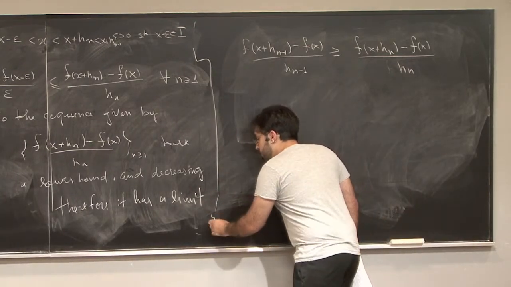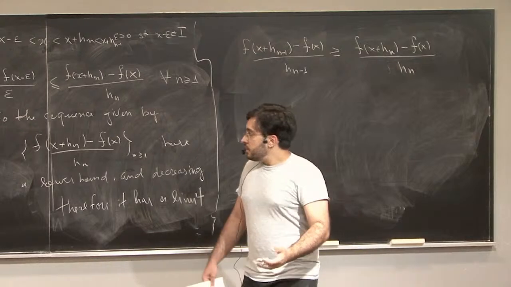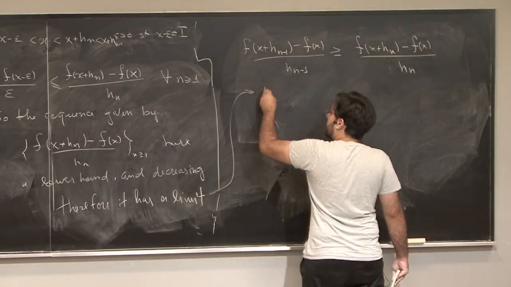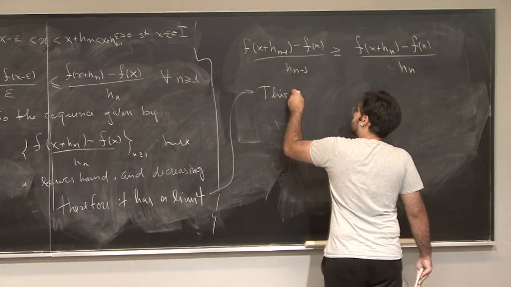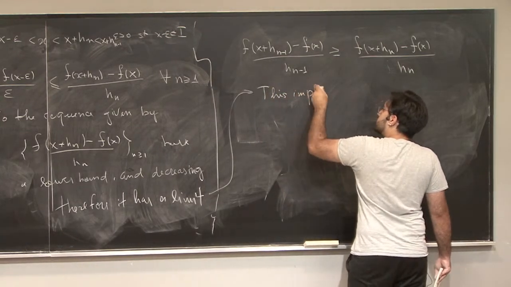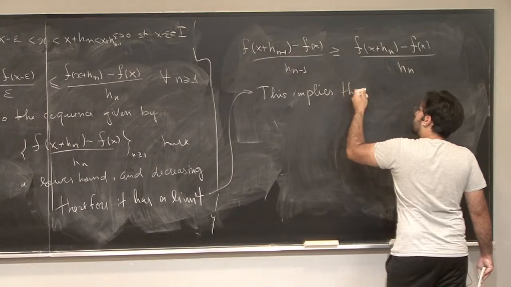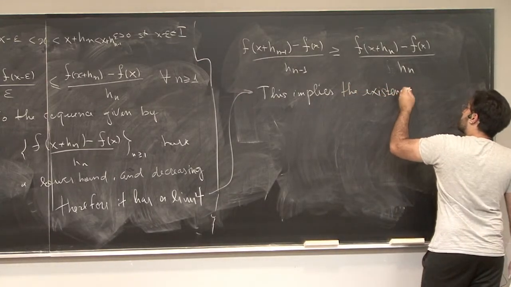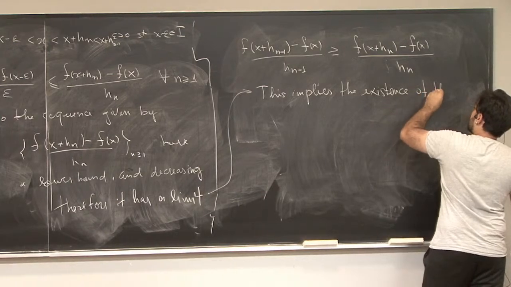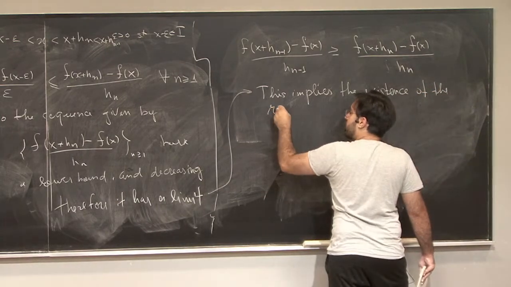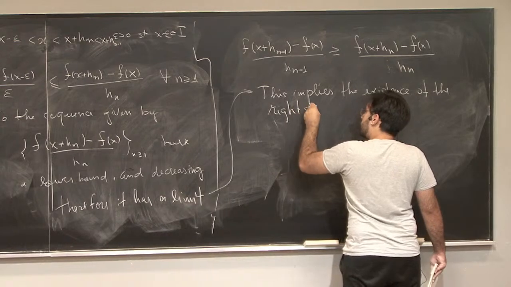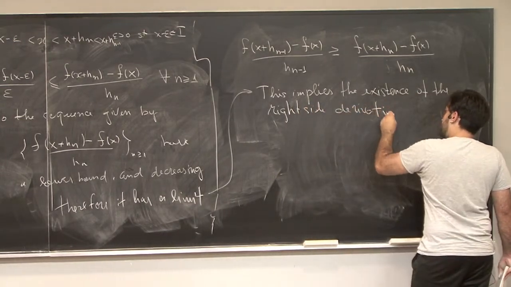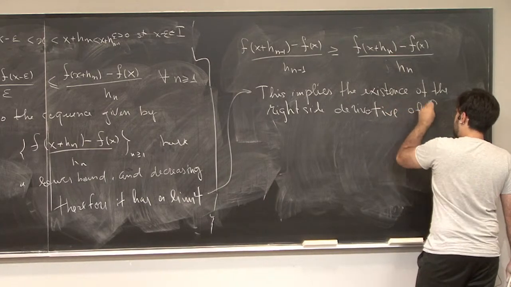But notice that I considered any decreasing sequence. So this implies the existence of the right side derivative of f.